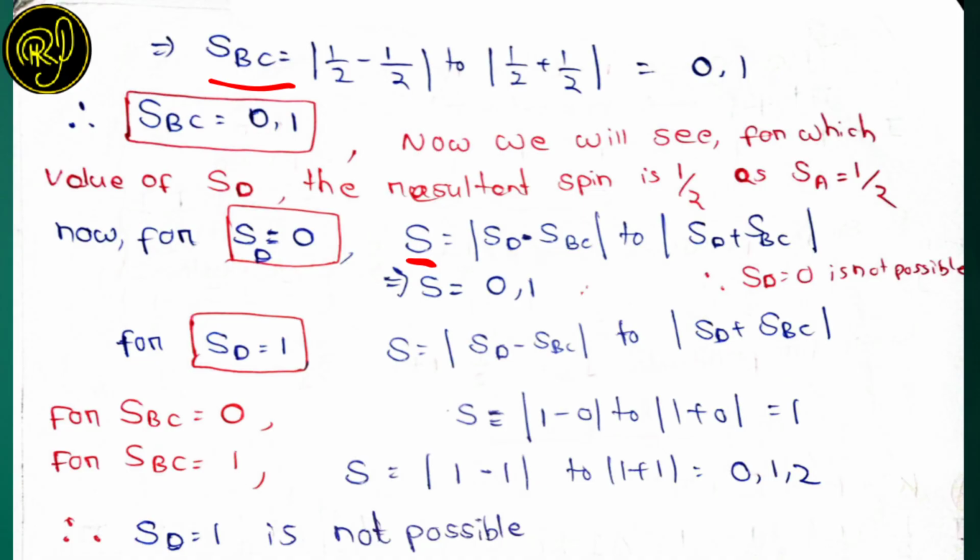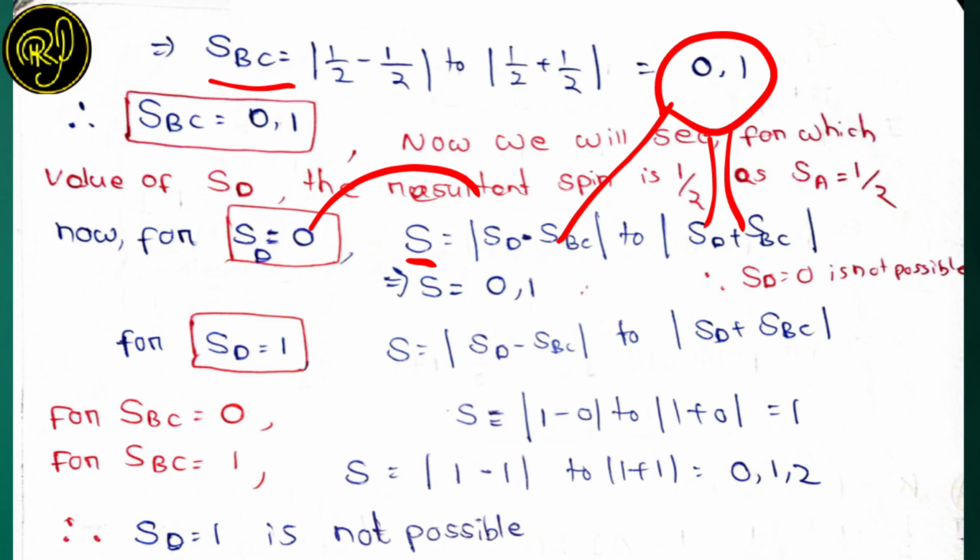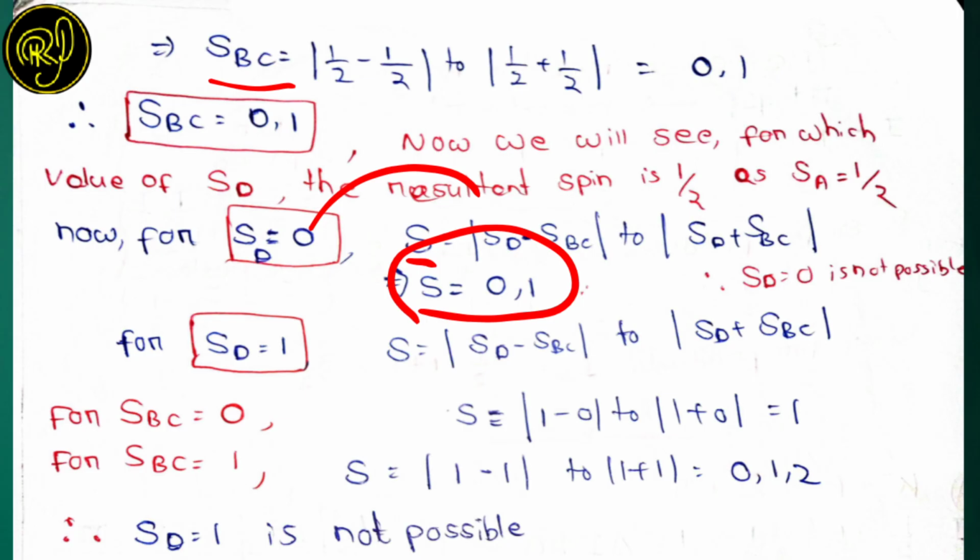SD value is 0, as we have taken. So 0 minus SBC to 0 plus SBC. Since the value of SBC is 0 and 1, first we put SBC equal to 0, then we put SBC equal to 1, and we get the possible values of S as 0 and 1. If we take SD equal to 0, then the possible values of total spin of the product are 0 and 1, which is not coming to be half. So SD equal to 0 is not possible.